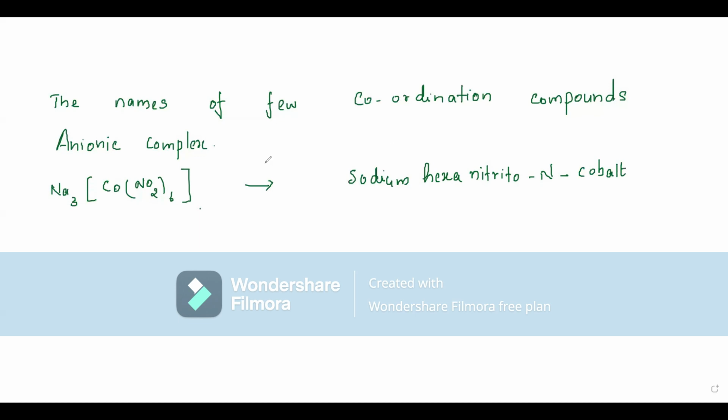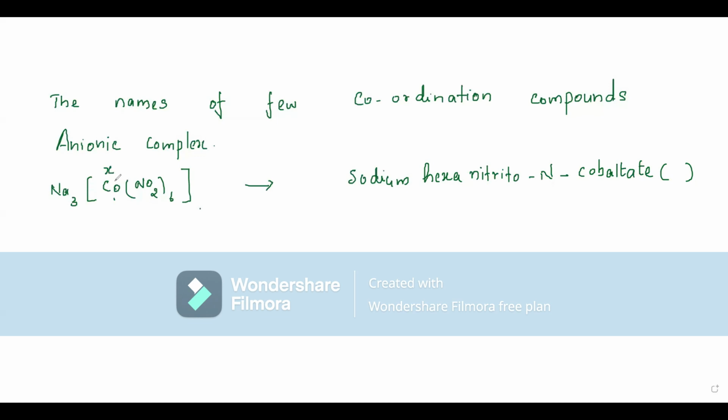But in any anionic complex, the name of the metal should end with -ate. So, sodium hexanitrito-N cobaltate. Then a bracket is opened here to write the charge of the central metal.